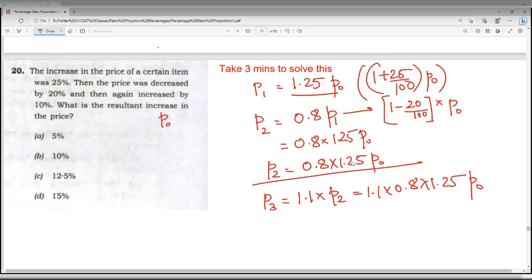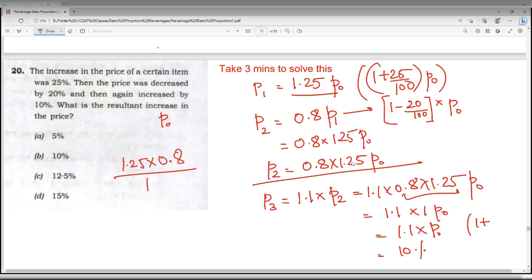From the earlier question, we know that 1.25 into 0.8 is nothing but 1. So this whole thing becomes 1, and this is 1.1 into P0. So 1.1 denotes a 10% increase.